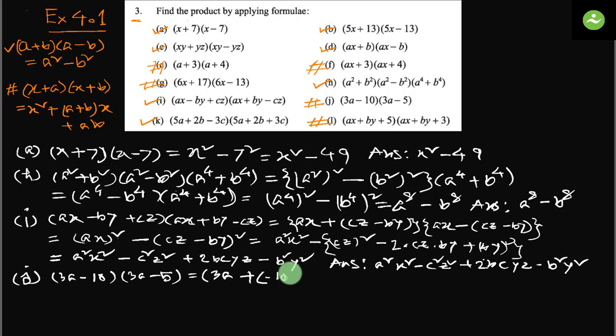This is 10. Okay, it should be second bracket, because if we use first bracket, then the next one should be second bracket, and this is second bracket. Similarly, 3a plus, and put the minus 5 inside first bracket. Done.